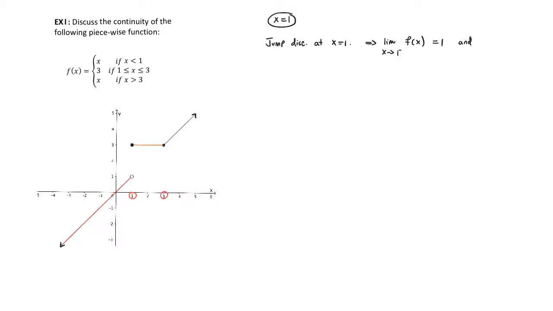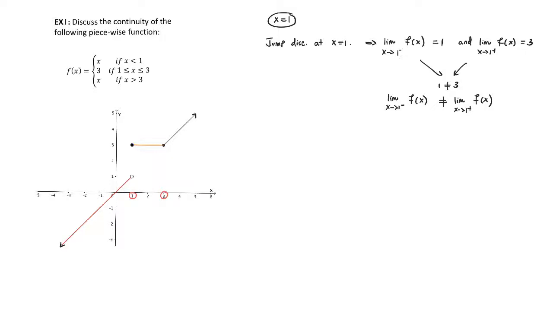And the limit as x approaches 1 from the right of f of x is equal to 3. But unfortunately, 1 is not equal to 3. So the limit as x approaches 1 from the left of f of x will not be equal to the limit as x approaches 1 from the right of f of x. That is exactly the definition of a jump discontinuity.